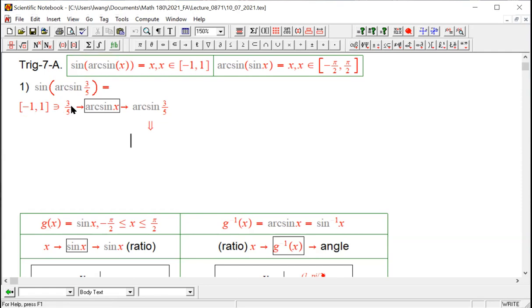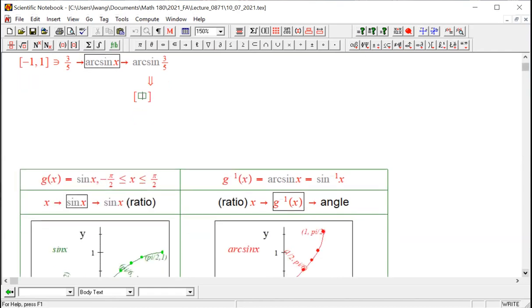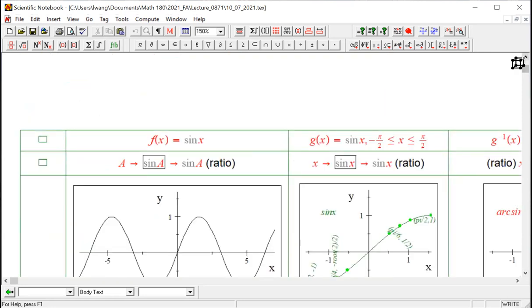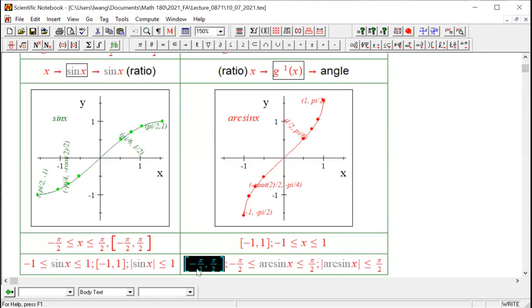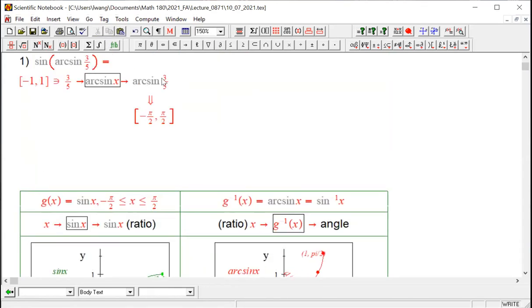The input is in domain, therefore the output is going to be in the range. And what is that range? The range is between -π/2 to π/2. That's the range this guy would be in. You guys follow me?